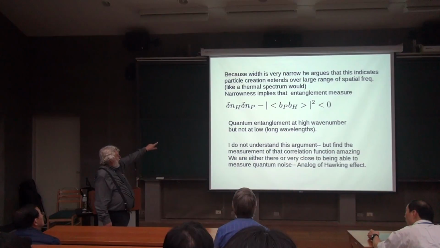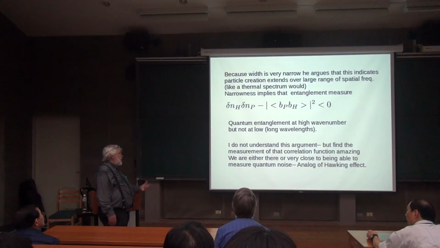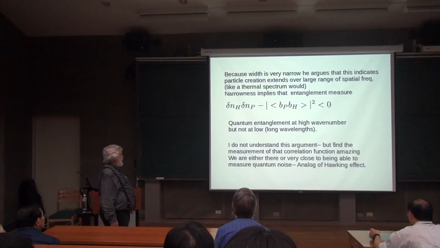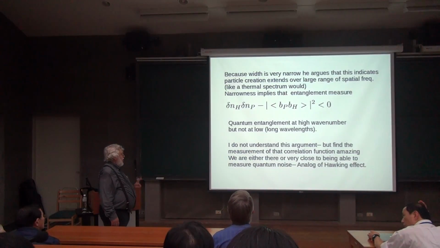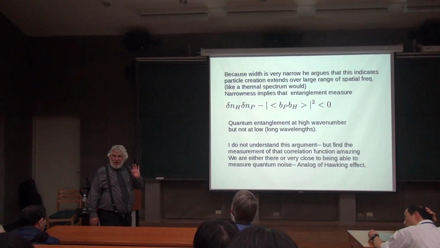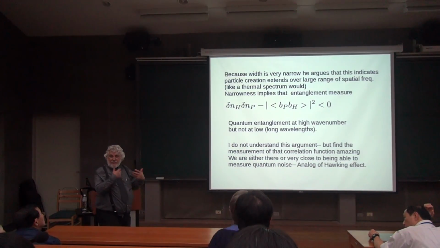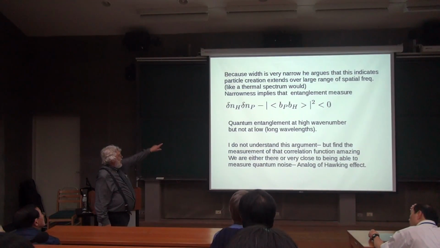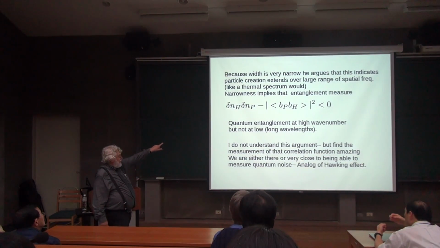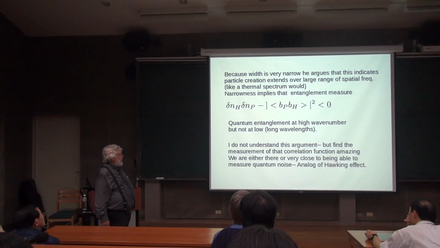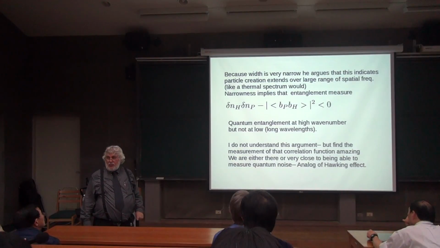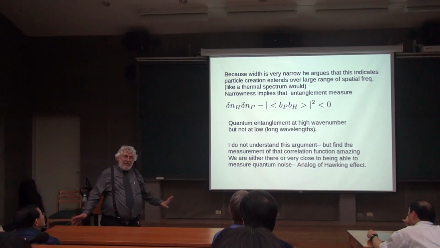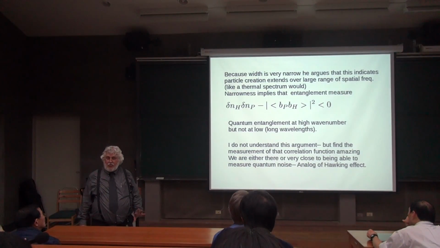NP is the number of particles on the other side of the horizon, the partner particles, i.e. the expectation value of BP dagger BP, where B dagger and B are the creation and annihilation operators for these modes of the field, minus the expectation value of B times BP times BH. If the two systems are entangled, that should be less than 0. And he argues that in his experiment, that is less than 0.